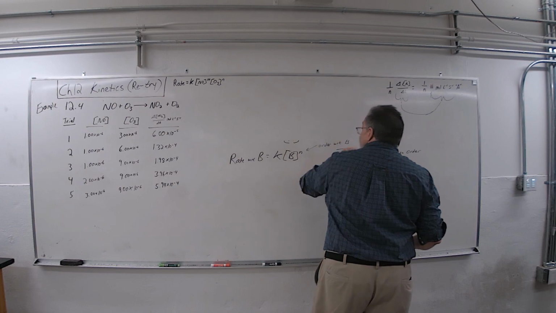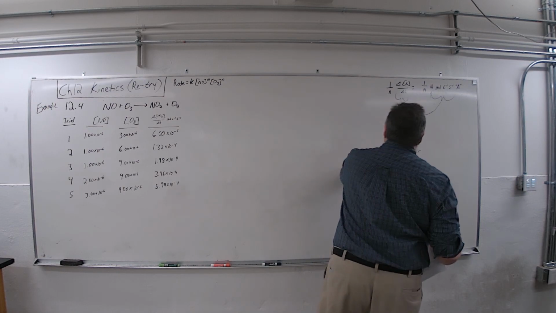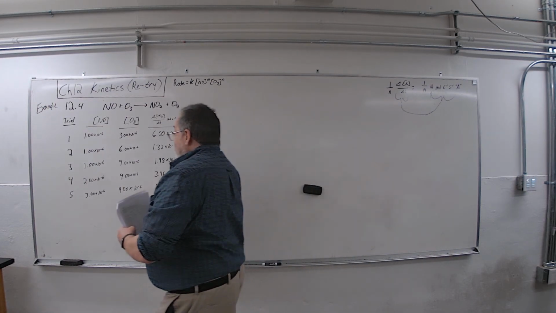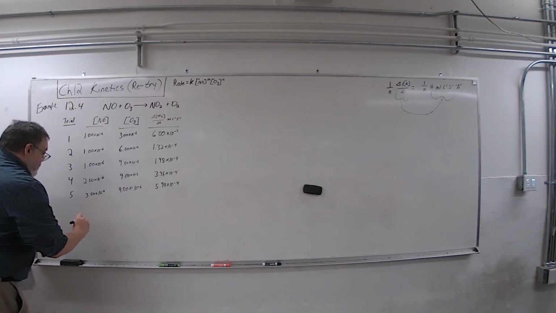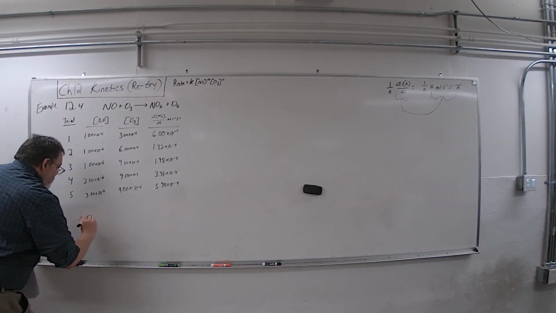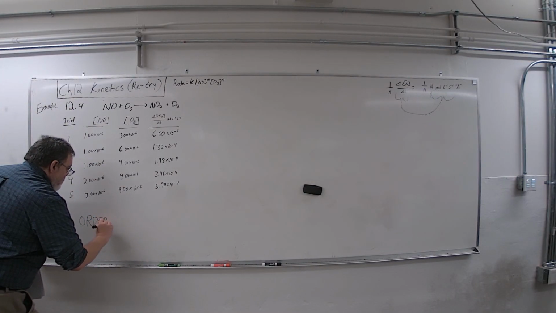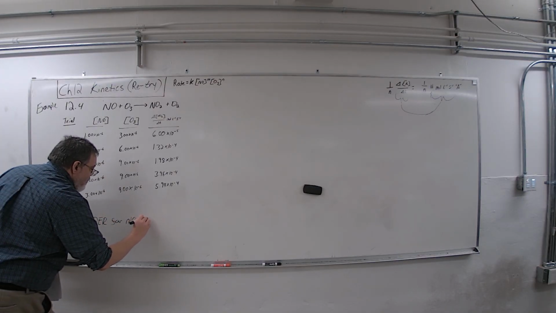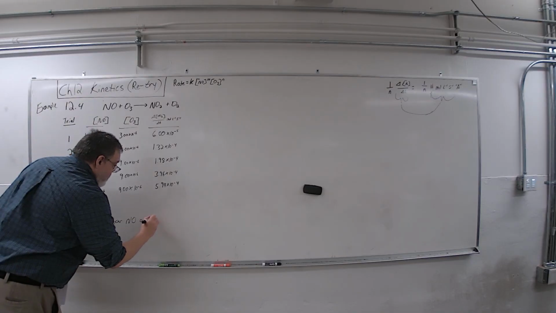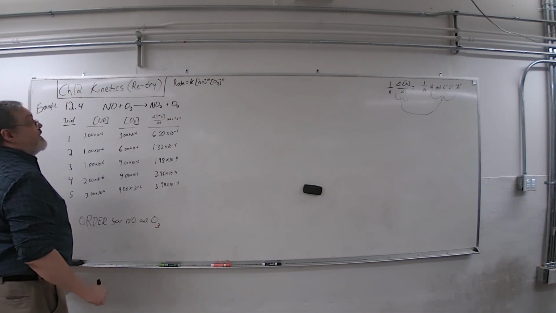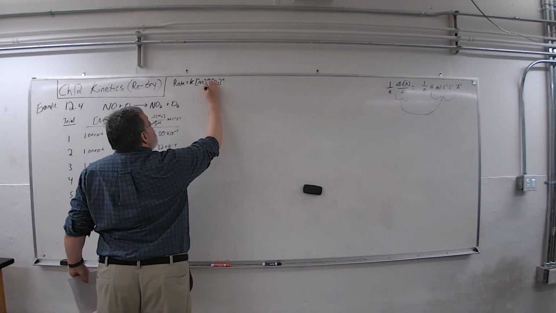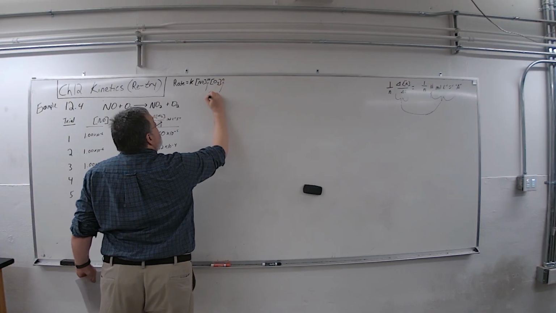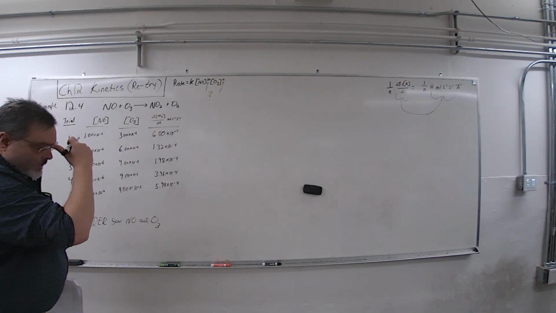And now the question is, what is the order with respect to NO? That is, what is M, what is N? That's what we're being asked.